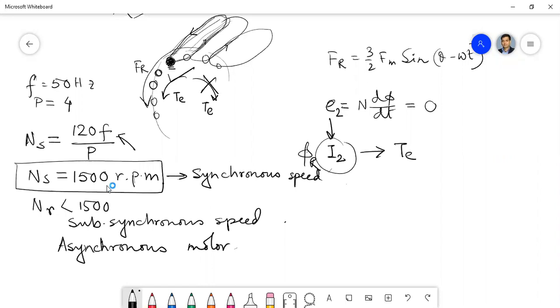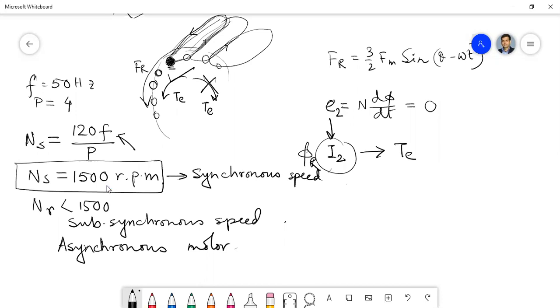Now, though our supply frequencies are fixed at 50 hertz, by using the advanced technologies of different types of inverters, we can produce any frequencies. So we can also generate higher frequencies from 50 hertz.